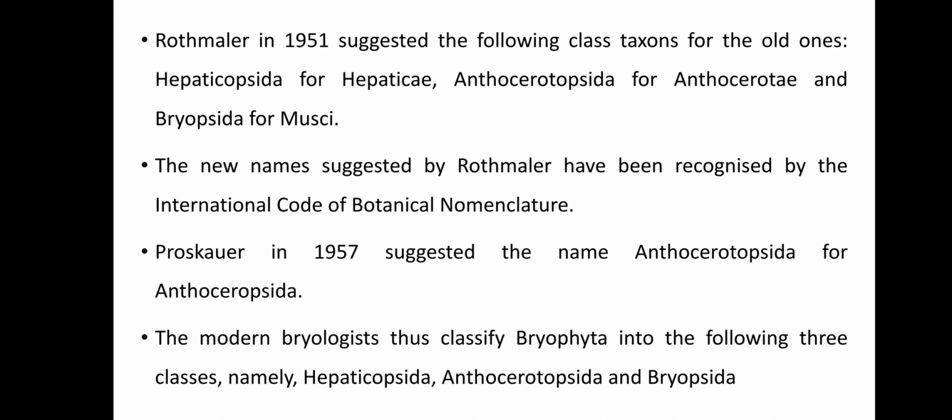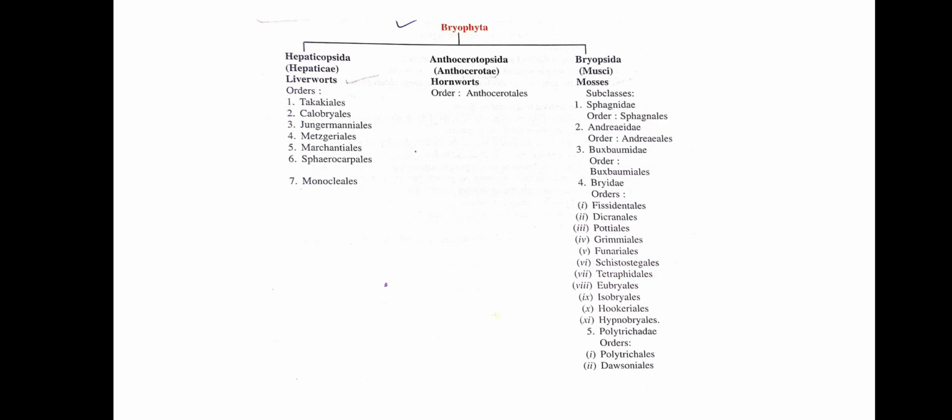The new names suggested by Rothmaler have been recognized by the ICBN, the International Code of Botanical Nomenclature. Proskauer in 1957 suggested the name Anthocerotopsida for Anthocerotae. The modern bryologists thus classify Bryophyta into Hepaticopsida, Anthocerotopsida and Bryopsida, and many orders are placed under these three groups.